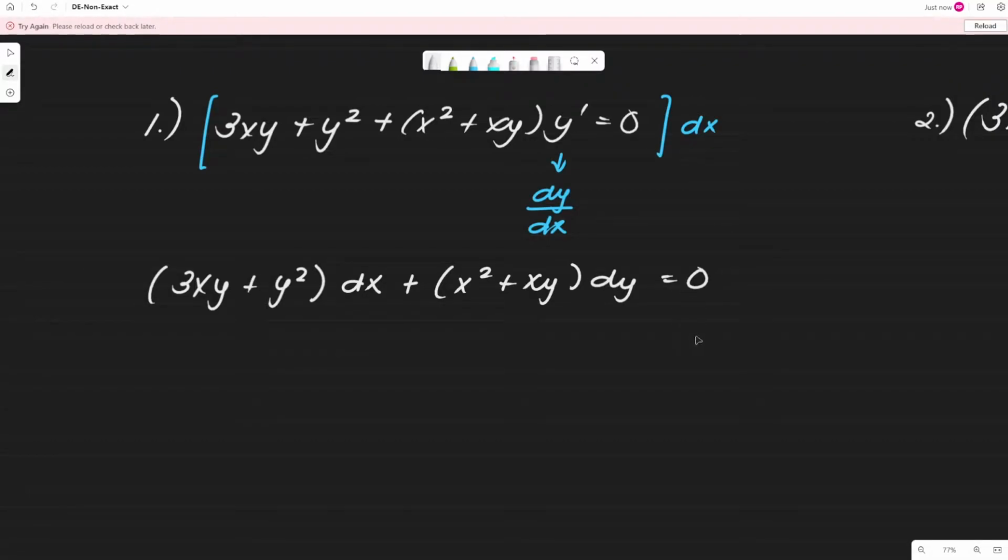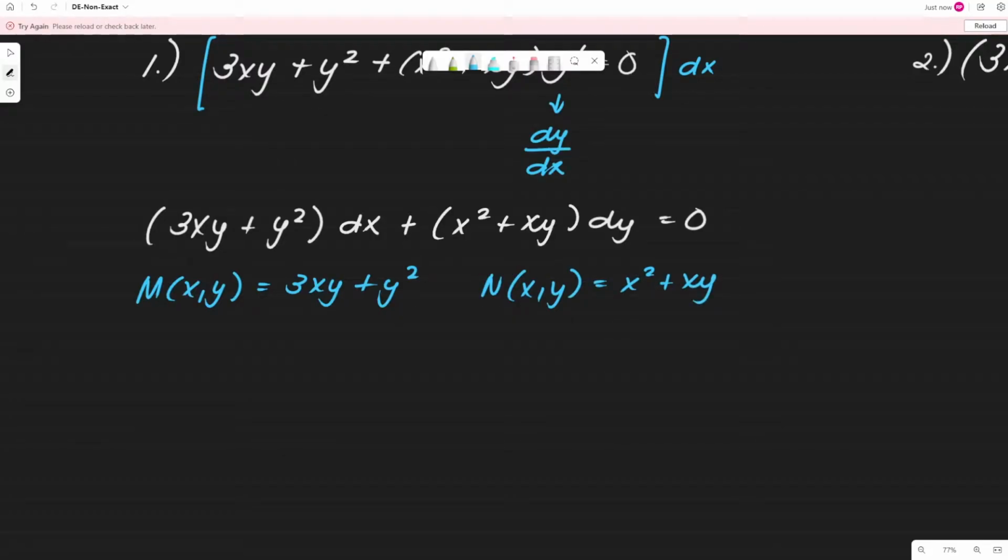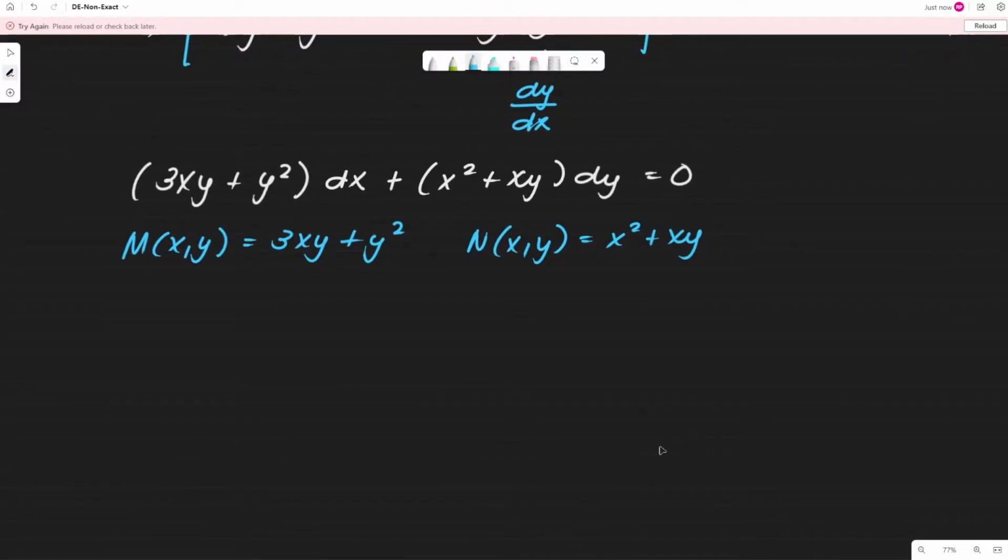So let's check if the differential equation is exact. This is our M of x,y, and our N of x,y is x squared plus xy. Let's get the partial derivatives. M is attached to dx, so it is the opposite: we differentiate with respect to y.